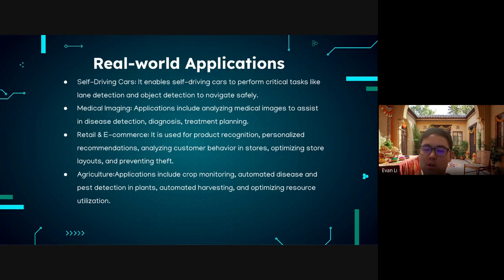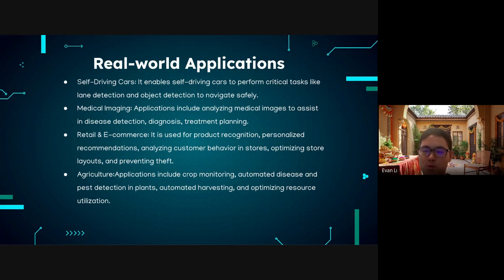Computer vision also contributes to accurate yield prediction, helping farmers optimize resource allocation and plan harvests effectively, and enables the development of automated harvesting robots, increasing efficiency and reducing labor costs in agricultural operations.